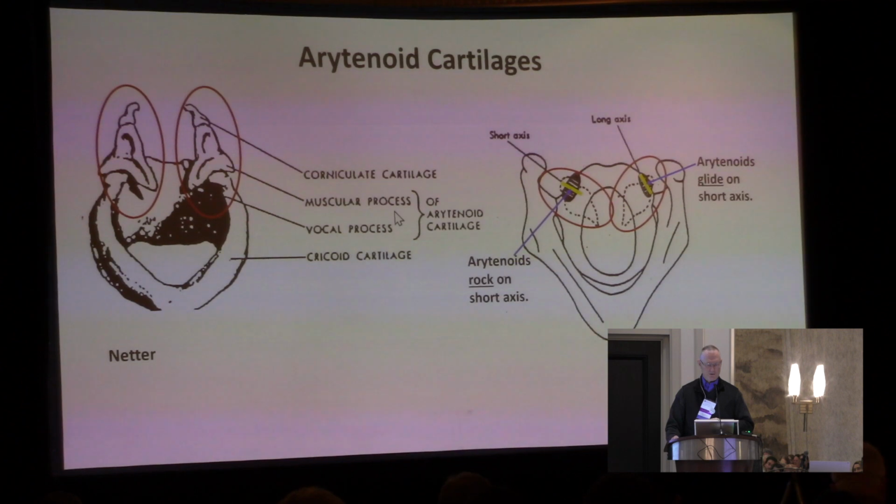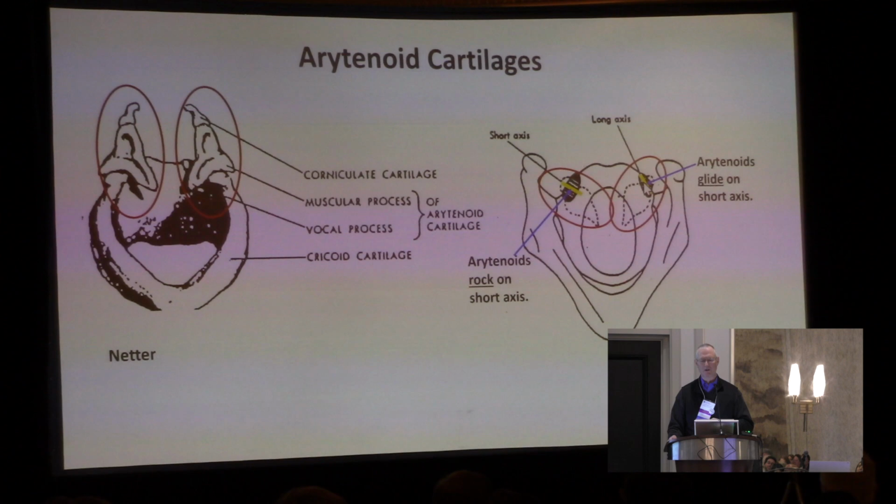As Dr. Sataloff was talking about really nicely, on the cricoid cartilage here, you have 2 arytenoids. And if you look at the facet connecting the arytenoid to the cricoid, there are 2 axes. One is a short axis, the yellow line here. I don't know if you can see that. And also a long axis.